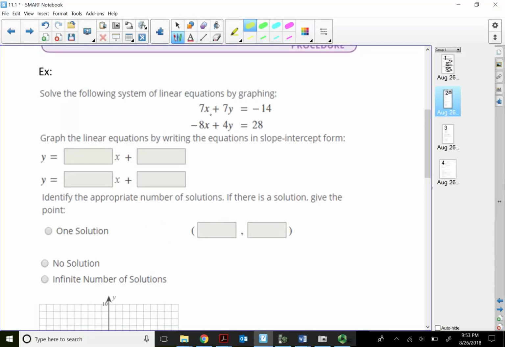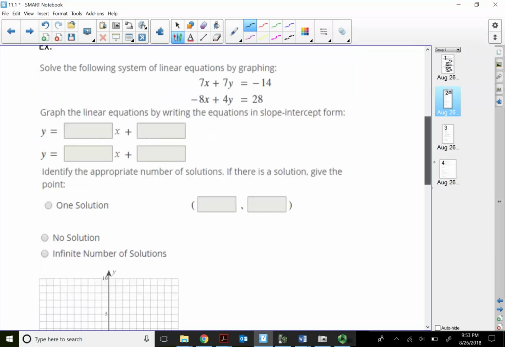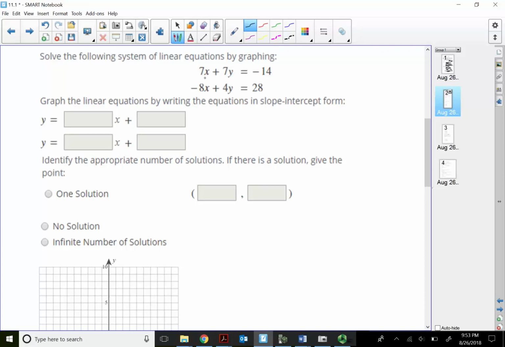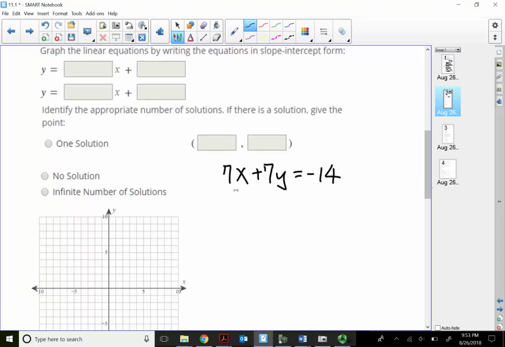Let's draw the first line. What we want to do is write our equation of the line in slope-intercept form. Right now they are in standard form, so to get them into slope-intercept form, I have to solve for y. My first line is 7x plus 7y equals -14.